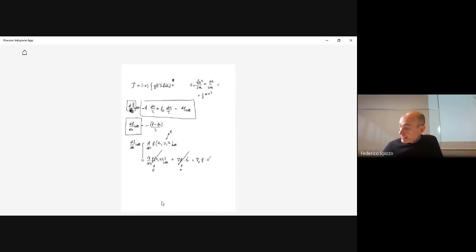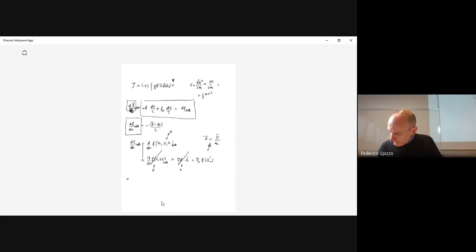In the third case, we have the derivative of v, and the derivative of v is the acceleration, and the acceleration is related to the external field through the second law of dynamics. So this v prime is equal to the acceleration that is equal to F divided by m. So the second law of dynamics enters through the derivative of v.